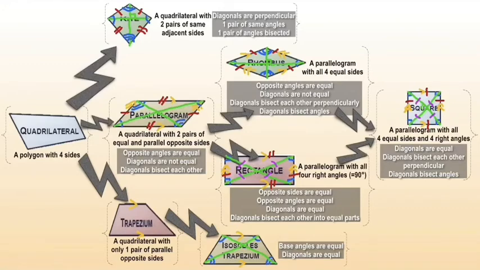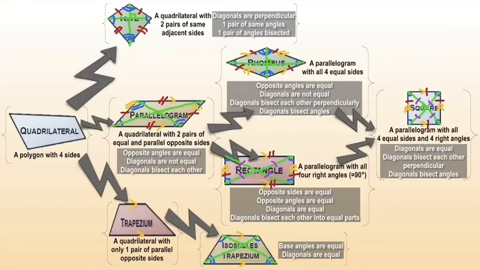So there is a right angle here, and the diagonals are going to bisect its interior angle. For example, the interior angle of this square is a right angle, right? So it's 90 degrees. So these 90 degrees are going to be bisected by the diagonals, which means that the 90 degrees are going to be separated into two 45 degrees.